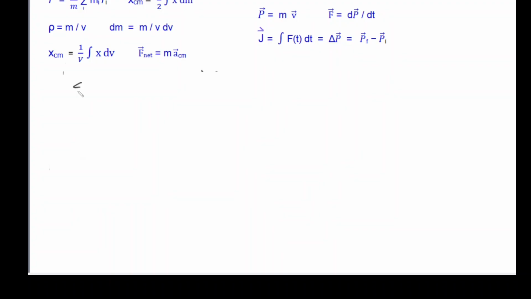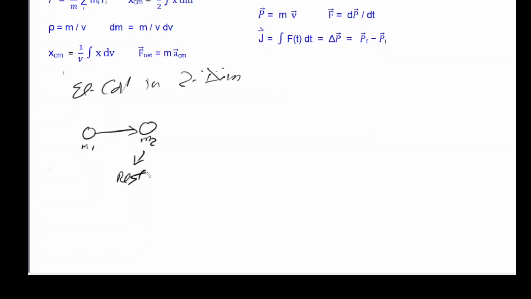Now let's look at an elastic collision in 2 dimensions. So in this case, we have mass 1 coming in and hitting mass 2. And let's assume that mass 2 is at rest. Then mass 1 will go off in this direction, and mass 2 will go off in that direction.